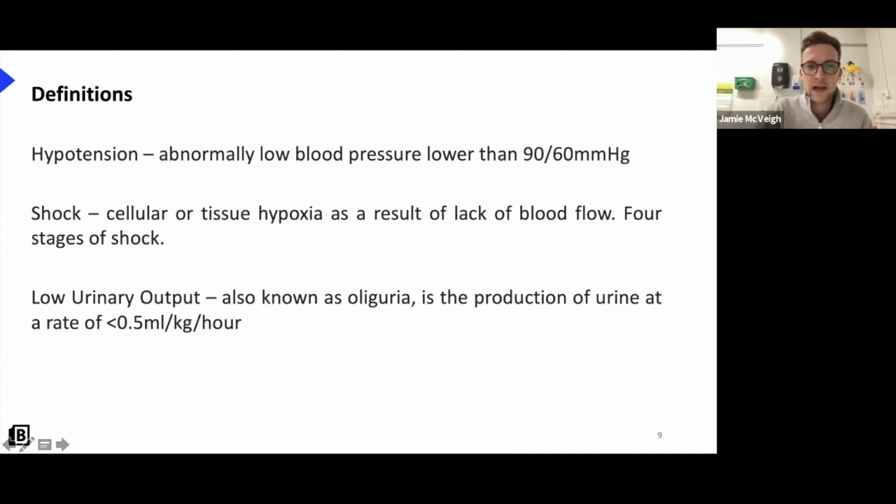Shock is where you get cellular or tissue hypoxia as a result of loss of blood flow. There are actually 4 stages of shock that I'll talk you through in the next slide, and they increase in severity with each stage.